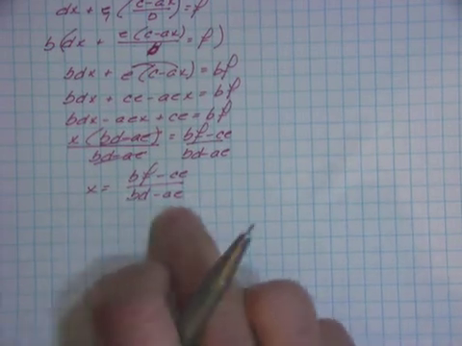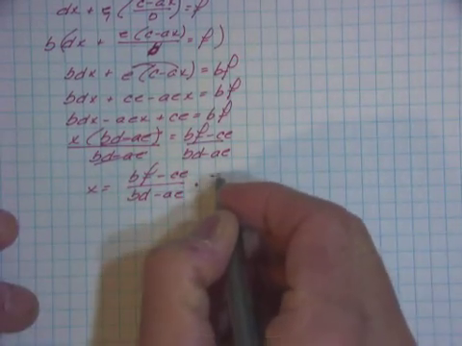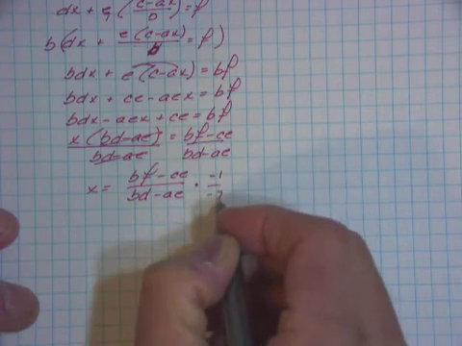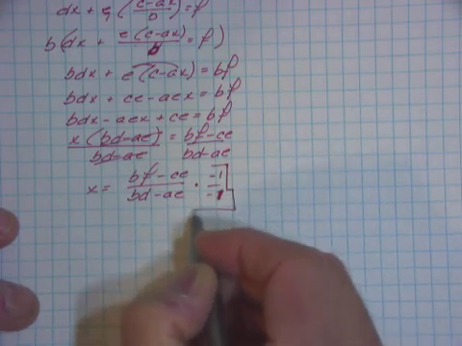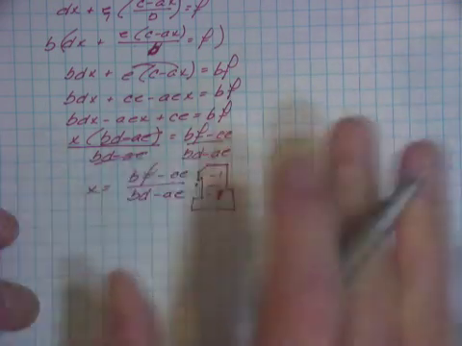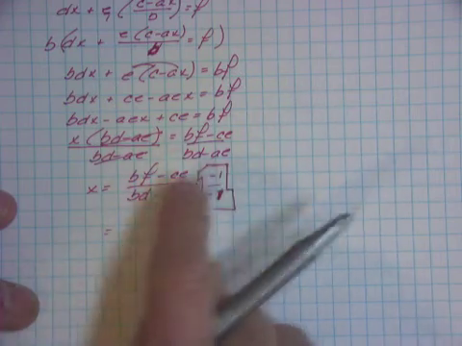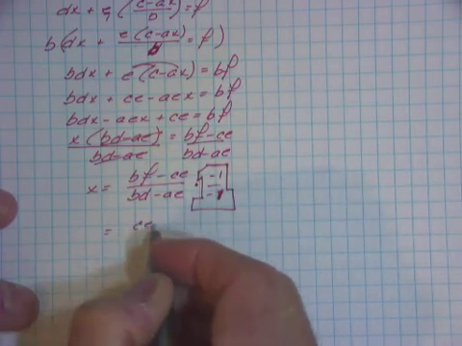Now, just trust me on this next one. What I want to do is change the order of these. So I'm going to multiply top and bottom by negative 1 over negative 1. That's a 1. And remember, all I'm doing is multiplying by 1, so I'm not changing the value.